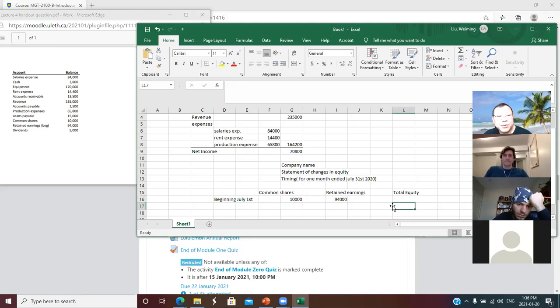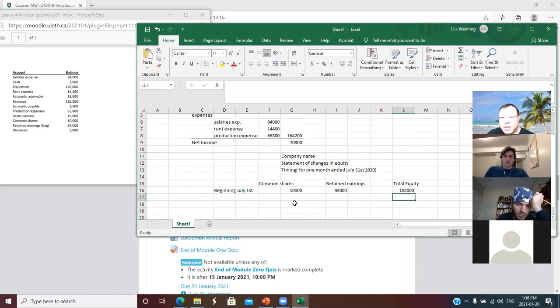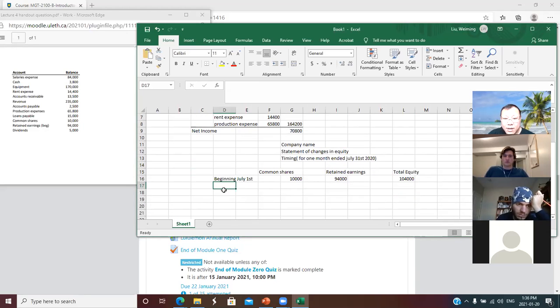Are you able to see my information on the very left? Okay, so that's the total. And then, are there any new shares issued? No. So you put a 0 here.